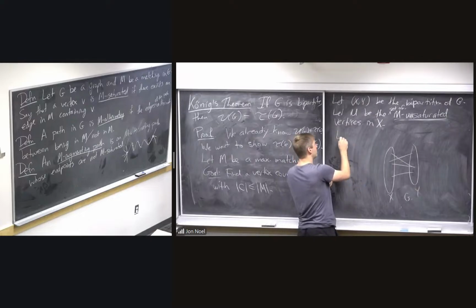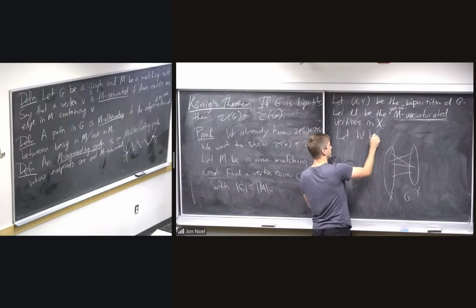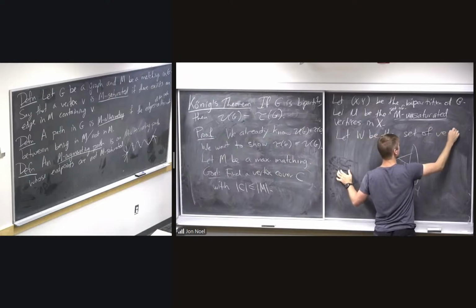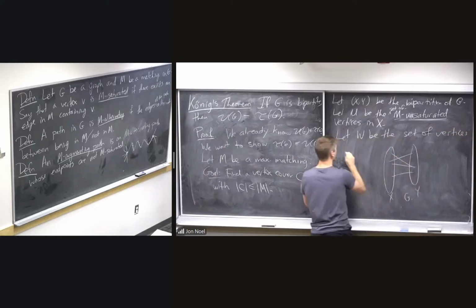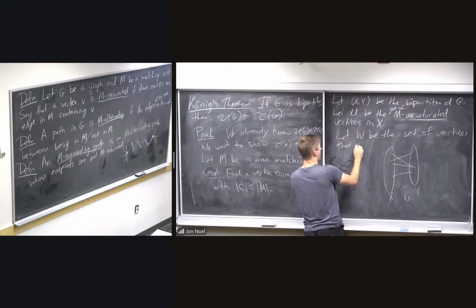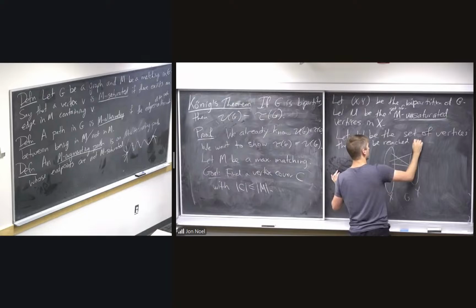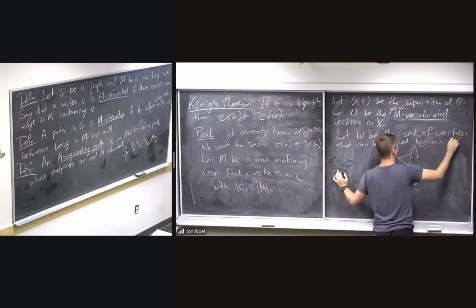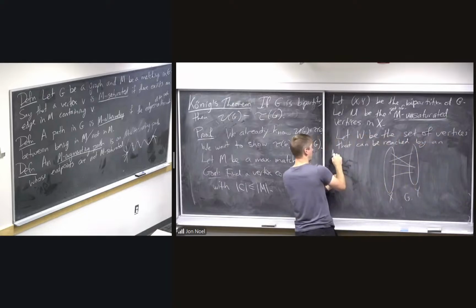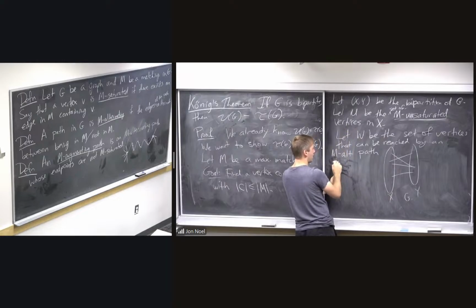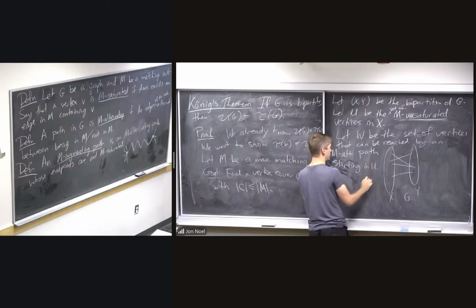So let W be the set of vertices that can be reached by an M-alternating path starting in the set U.